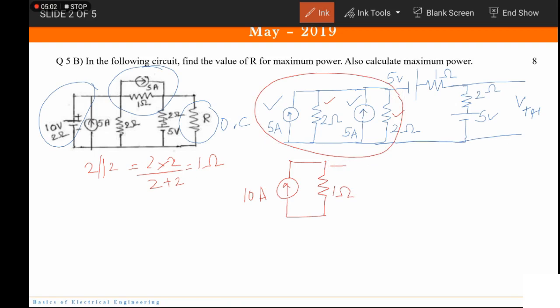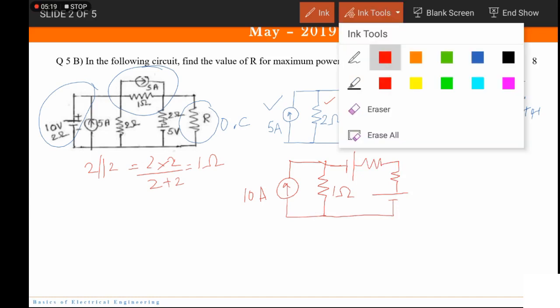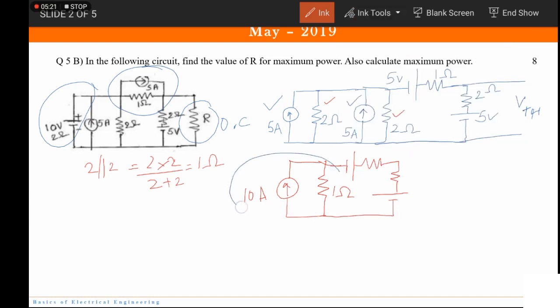Correct? Further, yes. So the next part is as it is. Now again we will be converting this into a voltage source.